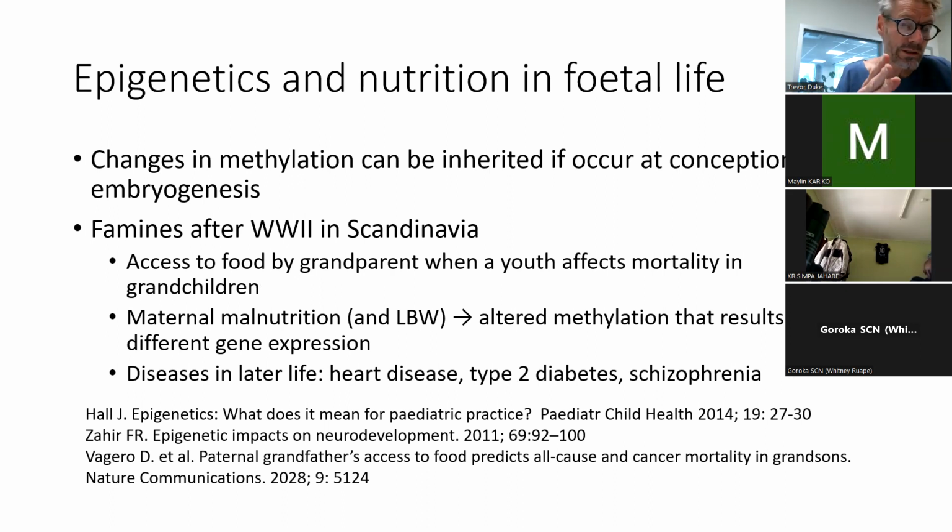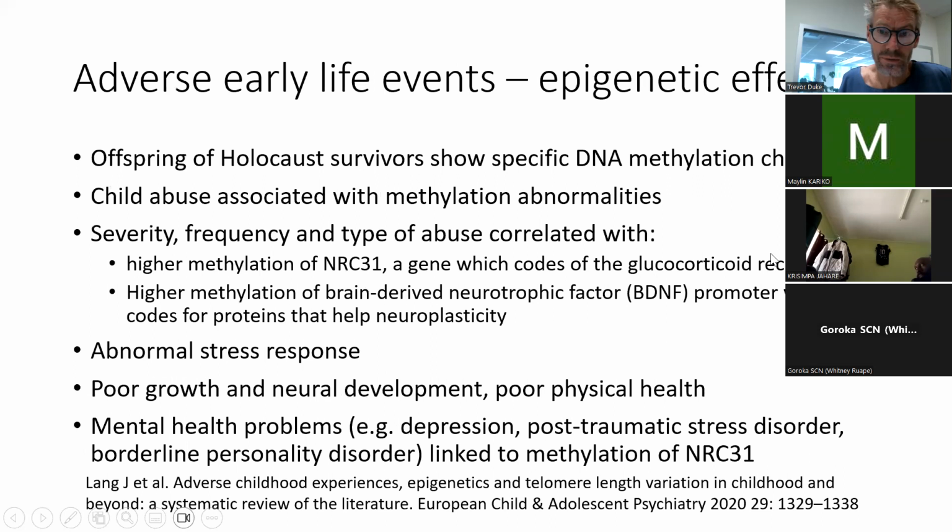So this is, I think, very important for understanding the early life origins of chronic diseases in adulthood. We don't look at this enough, but certainly heart disease and type 2 diabetes and schizophrenia or other mental health disorders can relate to early changes that occur in epigenetics, in methylation of our genes, the turning on or off of those genes, and that can affect many things later in life.